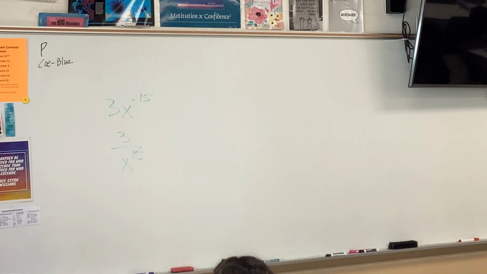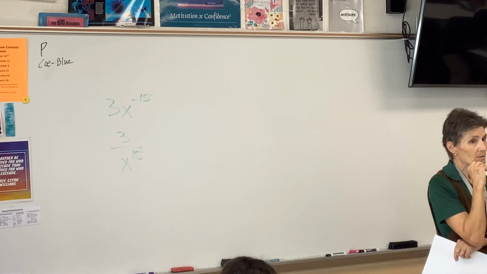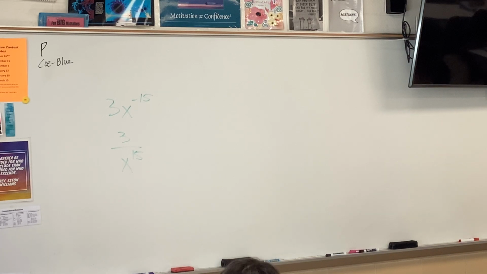Okay? C is a polynomial. D is a polynomial. E is a polynomial. Now, somebody might say, wait, there's a fraction. Fractions are okay. What isn't okay is an x in the denominator.